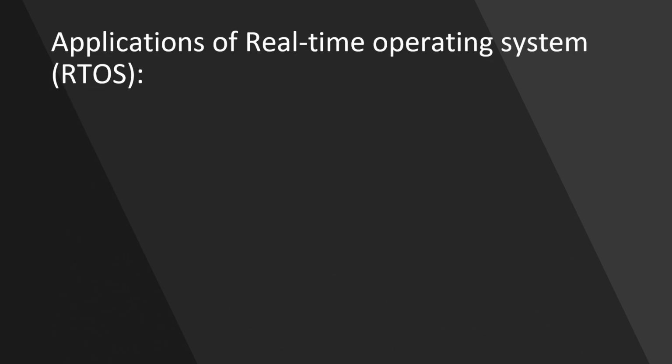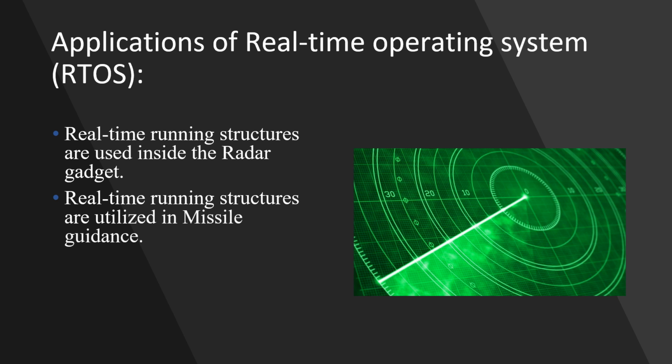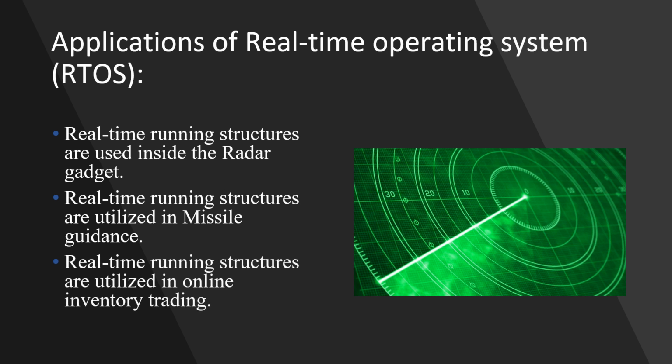Applications of real-time operating system. Real-time operating systems are used inside the radar gadget. They are utilized in missile guidance. They are utilized in online inventory trading.